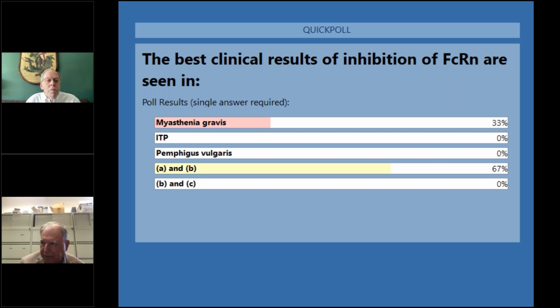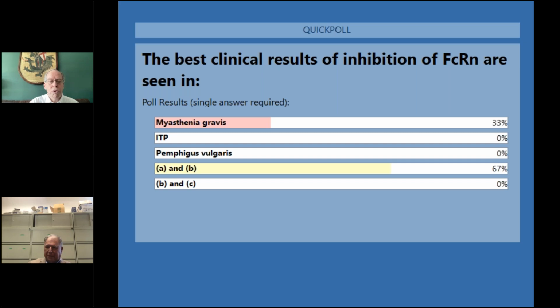And people said myasthenia and ITP, which is correct. The only point is there's intermediate or different level results in many areas, but pemphigus, the studies did not work out.